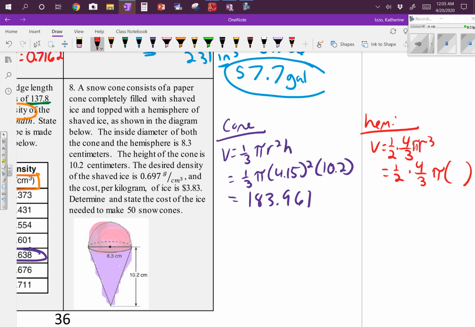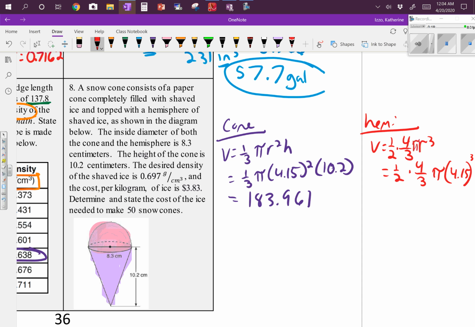You could just do the full sphere and then cut it in half. Doesn't really matter, it's up to you. So we're going to take that 4.15 and cube it, multiply that times pi, and multiply that times 4/3.